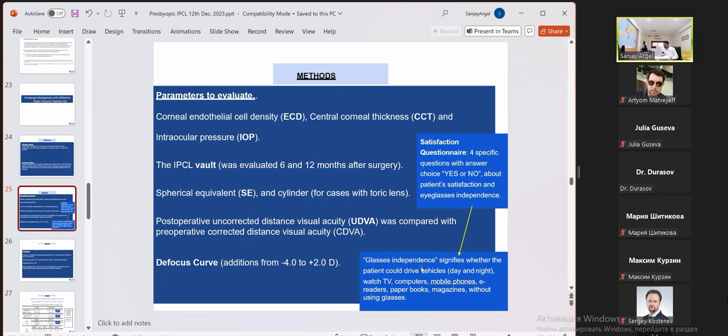And ask these 4 questions to understand whether the patient is satisfied or not.